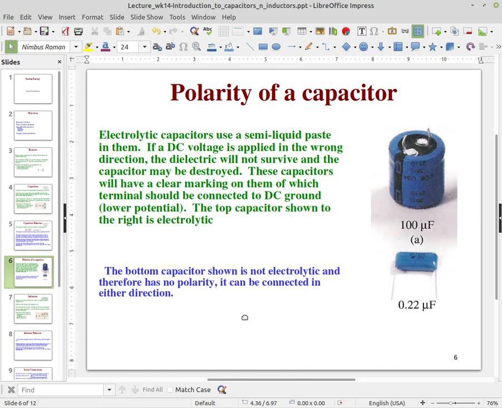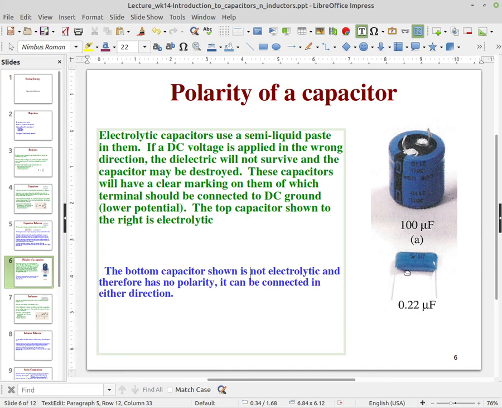All right, now capacitors may or may not have a polarity. Most capacitors actually do not. If you look at this bottom capacitor here, this one is probably made out of a mylar dielectric, and there's ceramic dielectrics and paper dielectrics and all kinds of different dielectrics, and most of them do not require a polarity.